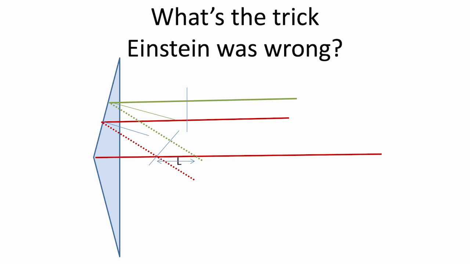So if we want to go to the point where the green crosses the axis, it's a distance L from the point where the red crossed. But the green had to travel a smaller distance, L cosine theta. So it's going to get there faster than it would take moving along the z-axis.